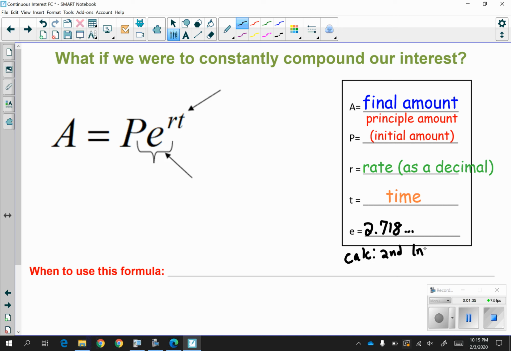Now, with this formula, we have a few things. The T is your time, right? And that's the variable usually. So with T, just make sure that you're using X in the calculator.